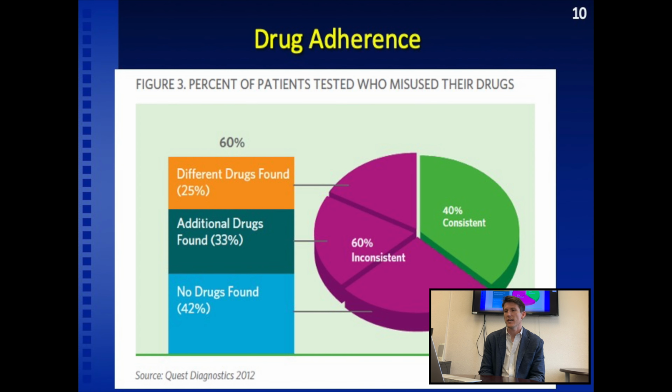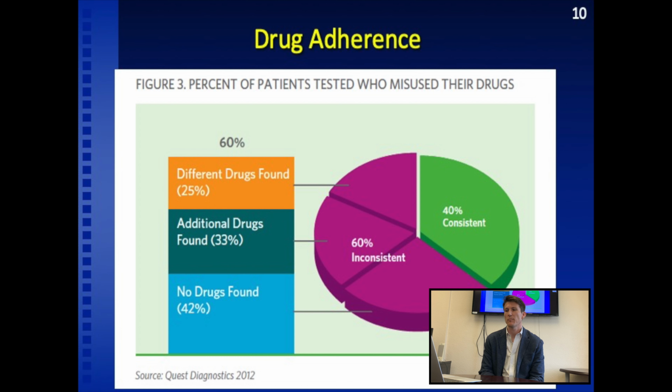Okay, so this is an interesting study. This is a study by Quest, the biggest lab in the US, looking at about 500,000 urine drug tests. What they basically did was talk to a bunch of doctors ahead of time and say, you're the patient's primary provider, we're going to test them, and you tell us ahead of time what you think is going to be in their urine drug tests.